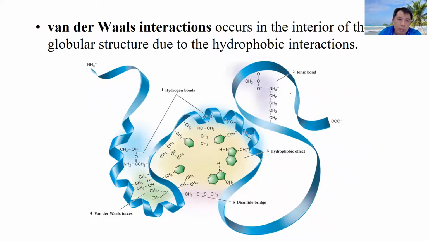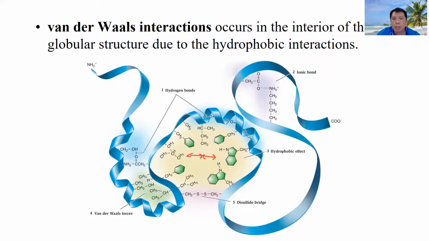The other one is called van der Waals interactions. These occur in the interior of the globular structure, and are due to the hydrophobic interaction, the exclusion of water molecules. When these non-polar molecules come into close contact, they have an attraction force and at the same time a repulsion force.